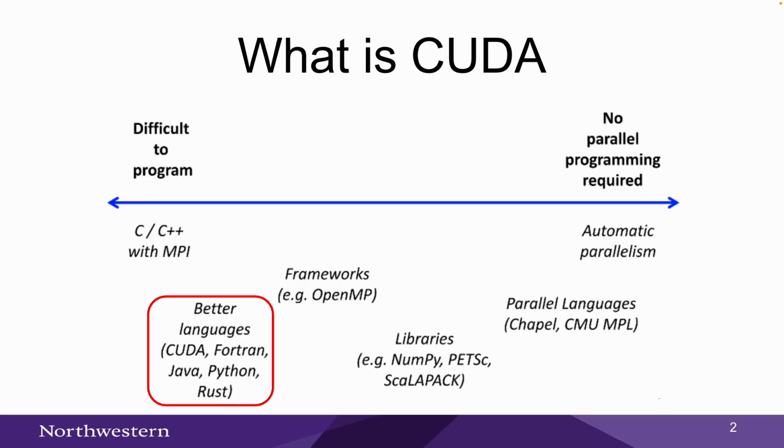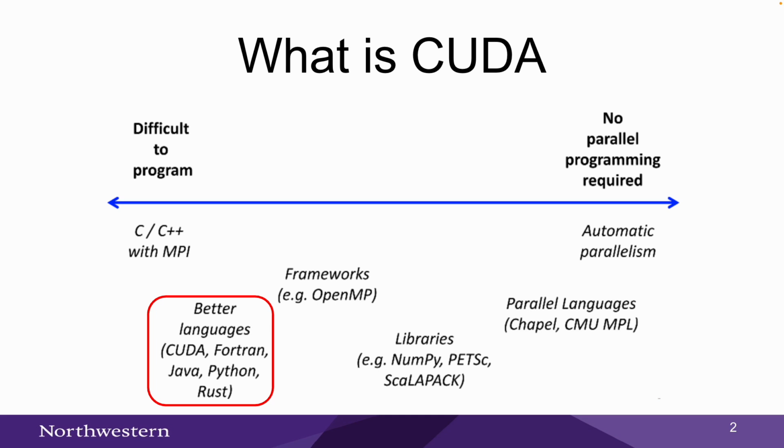So this chart, which I borrowed from the class notes, represents a spectrum of programming difficulty in parallel computing, from manual and low-level control on the left to high-level automatic parallelism on the right. CUDA is positioned here as a better language for GPU programming. It offers low-level control like MPI, but within a structured model.